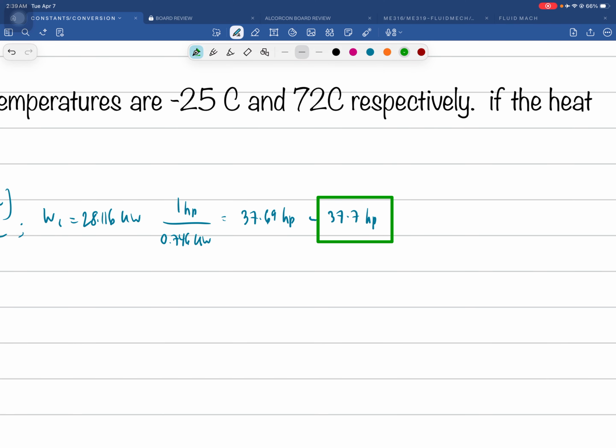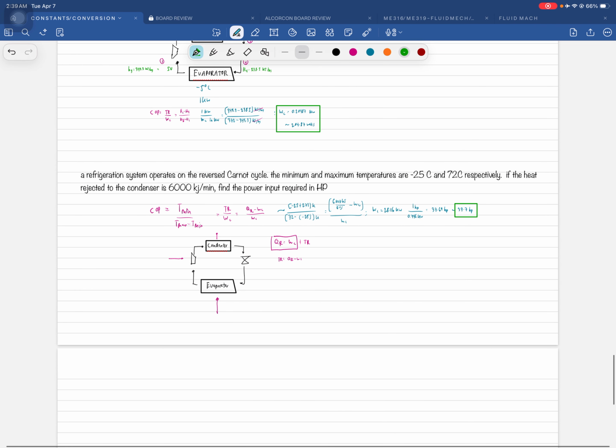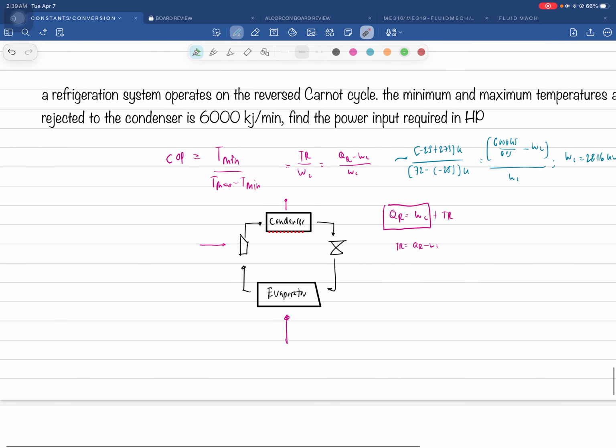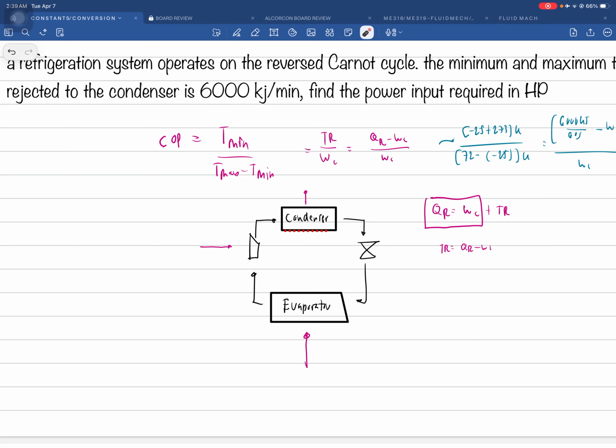But yeah, that's the value. Okay. So again here, recap lang. The work of the compressor, nag-exert tayo. Evaporating effect or the refrigerating effect. We're also exerting energy in. So the heat is always going out, okay? In, and then out.